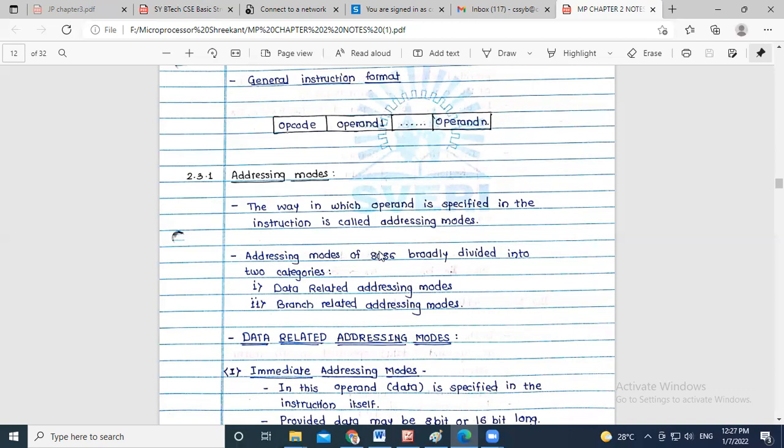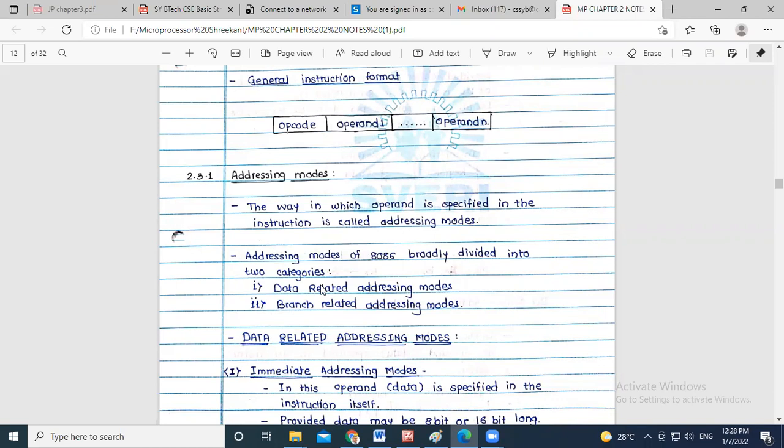The addressing modes of the 8086 are broadly divided into two categories. One is data related addressing modes, and the second is branch related addressing modes. The data related addressing modes are the normal ones, where we manipulate the operands by using operations. The branch related addressing modes are related to memory.